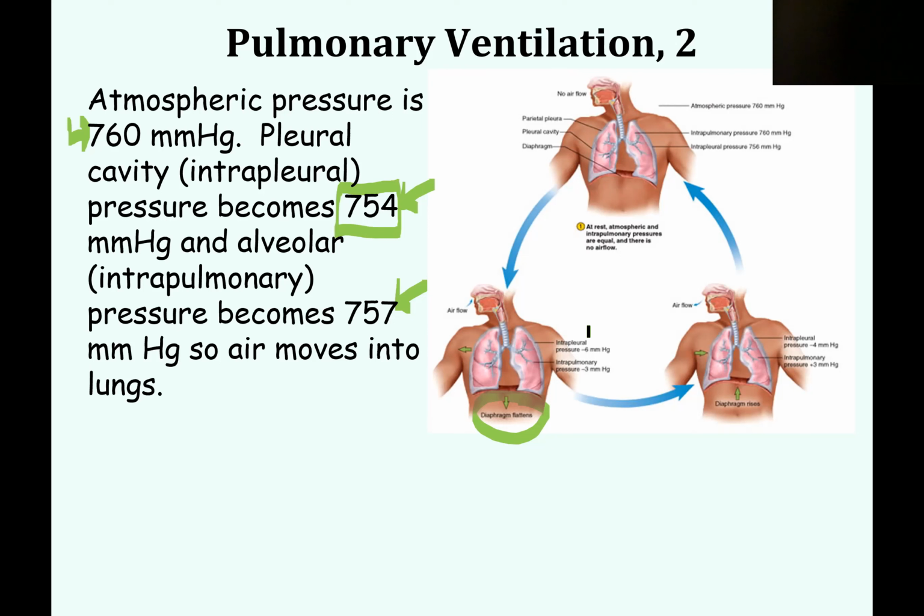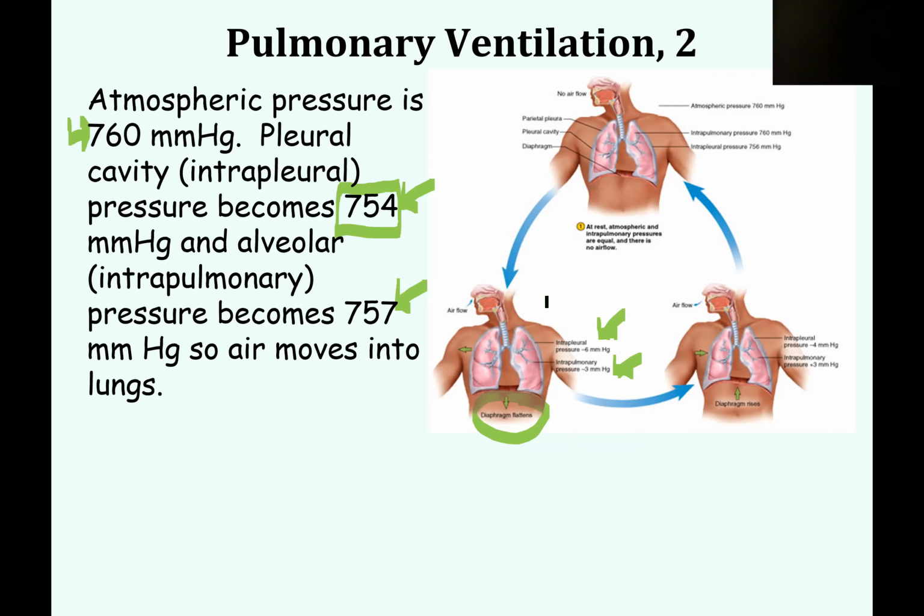Okay, so in your diagram, it has -6 and -3. To me, it was stupid to switch because they used to have these numbers. It's saying 6 less than normal and 3 less than normal.